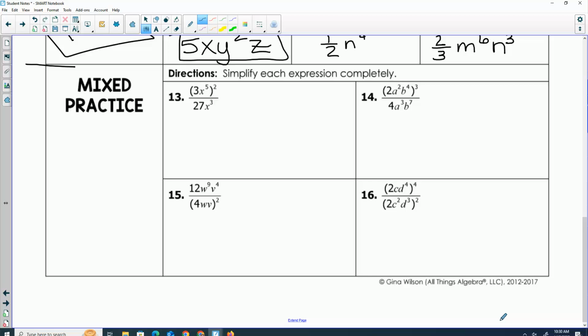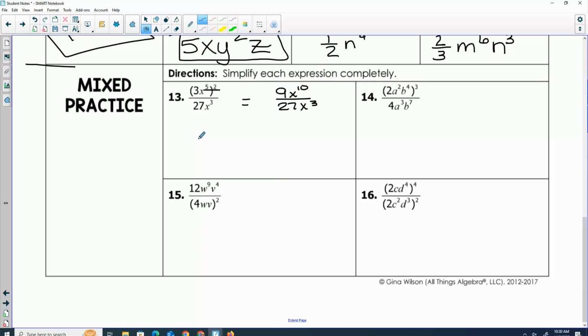If I have 3x to the 5th squared, we have to take the square to both of them. So 3 squared is 9. X to the 5th squared, you multiply those exponents, so 9x to the 10 over 27x cubed.